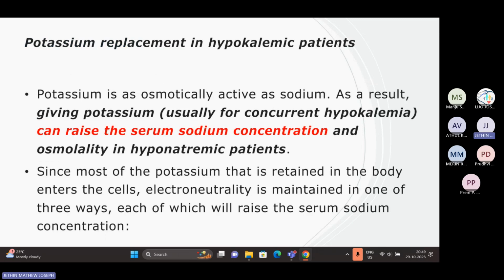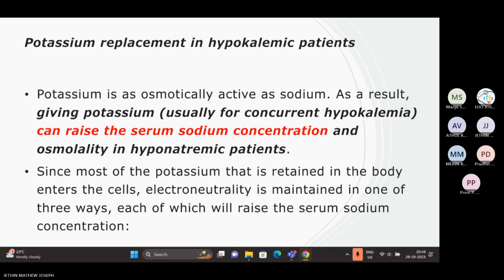Another thing we have to keep in mind is that a lot of patients with hyponatremia will have hypokalemia also. Potassium is as osmotically active as sodium. So if you're giving a potassium correction, this can also raise the serum sodium concentration and osmolality in hyponatremic patients.